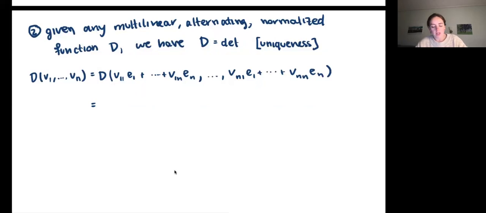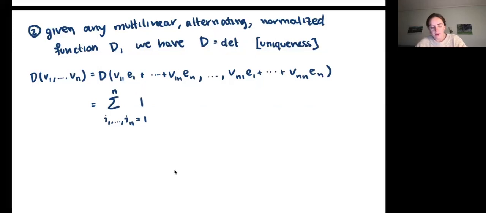So I'm going to take the sum as indices I1 up to In. Of course, a lot of these are going to end up being 0, so we'll say which ones are 0. I'm going to let all of these indices, I1 up to In, range from 1 to n.